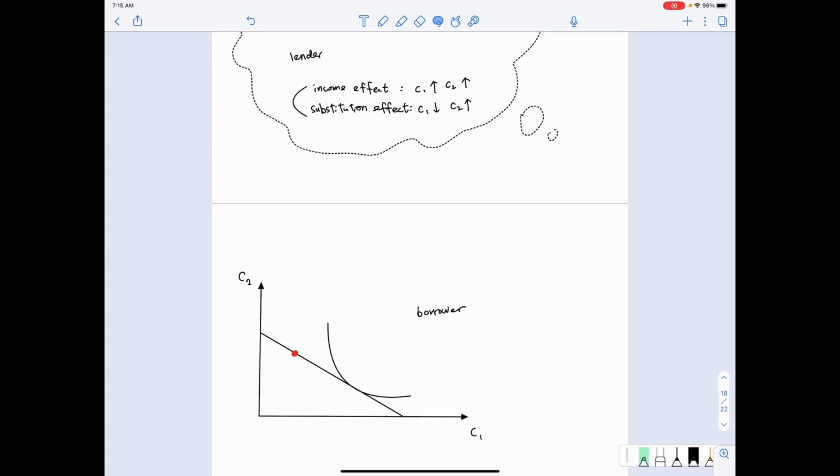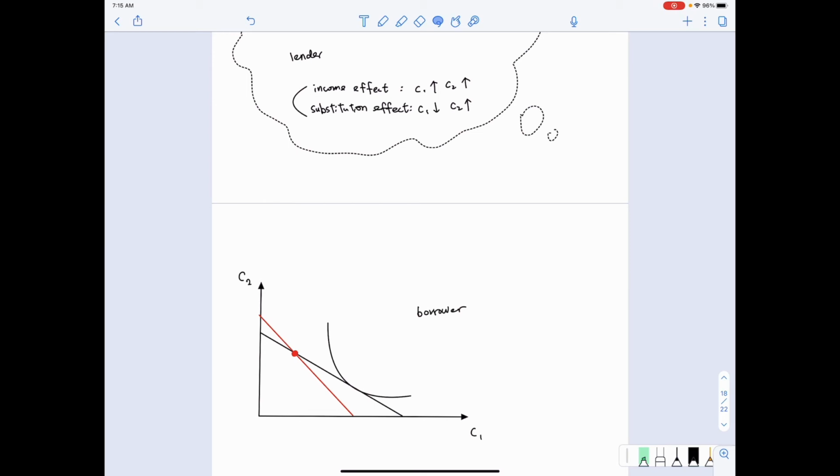Then when there is a real interest rate increase, it will tilt the intertemporal budget constraint, and the tilting point that is fixed is the red dot. So that's what we get here. Based on this graph, we know the individual will no longer be able to choose the consumption bundle at the original point.